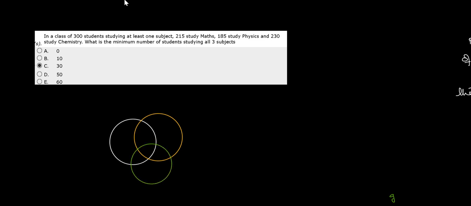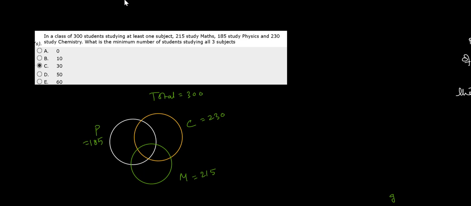So physics, chemistry, maths. Physics is 185, chemistry is 230, maths is 215. Total 300 given, right?